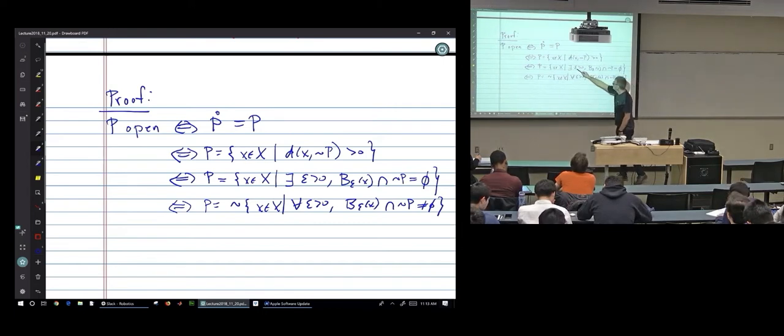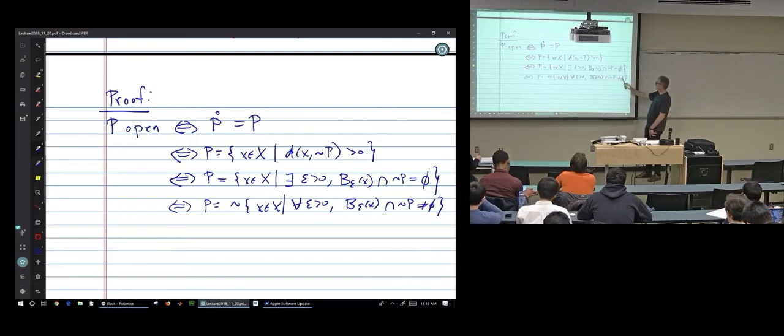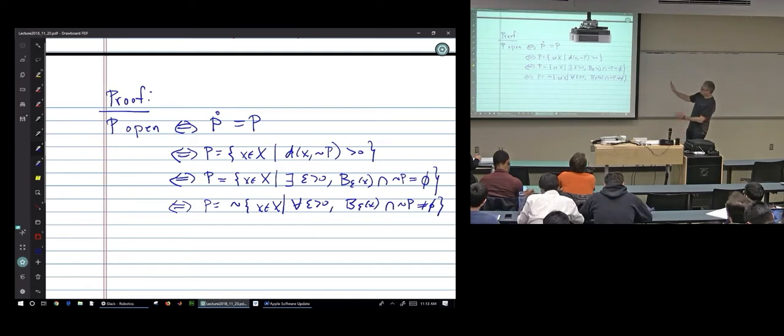I can put a ball around x and I don't intersect the complement. The negation of this condition gives the set of all points that don't satisfy this: for every epsilon greater than 0, I take my ball about x, I intersect the complement, and I contain a point in the complement. It's the same thing.